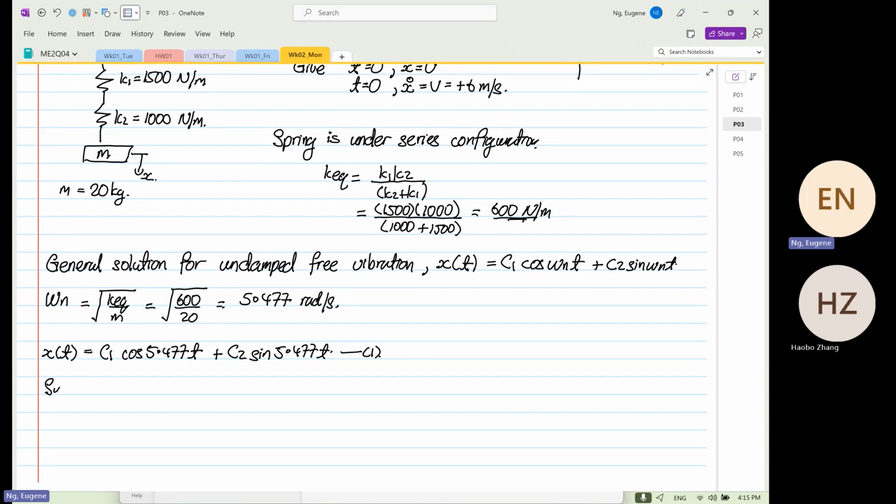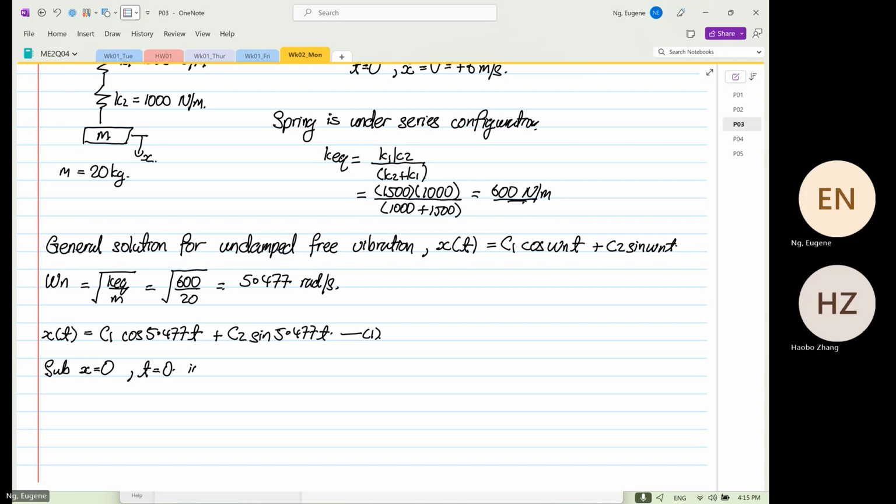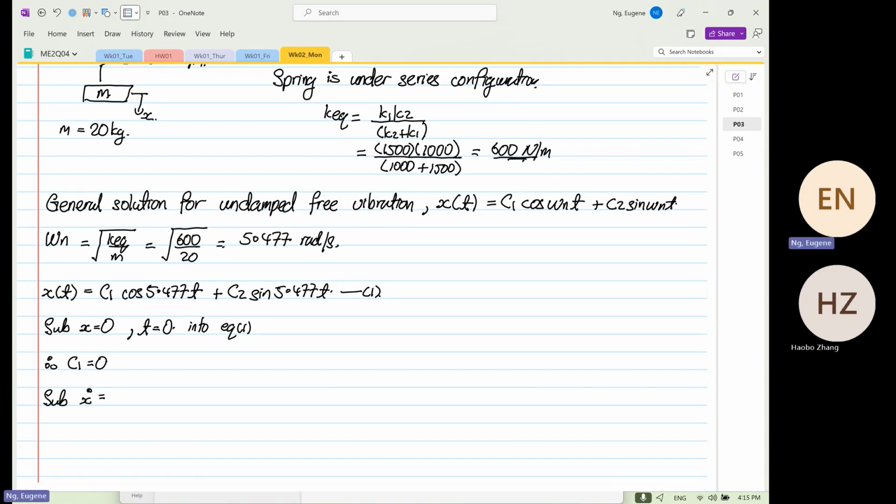We substitute when x is equal to 0 and time is equal to 0 into equation 1. Therefore C1 will be equal to 0. Then we're going to substitute x dot is equal to 6 when time is equal to 0.